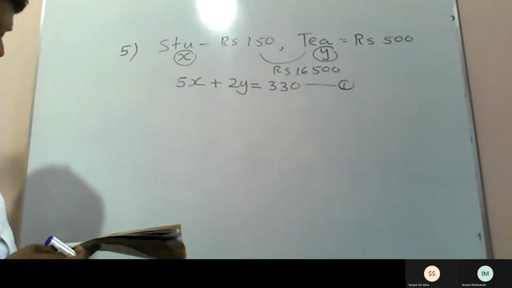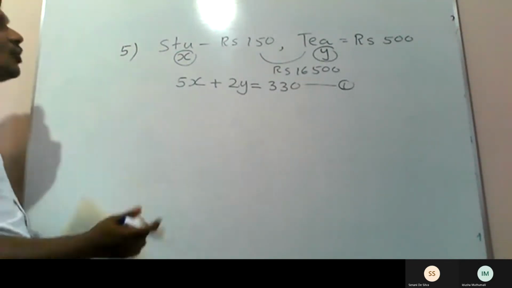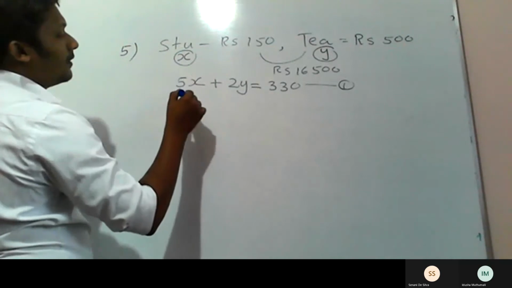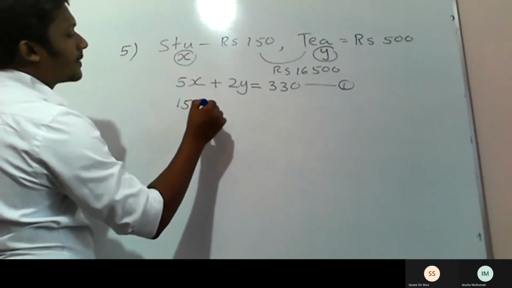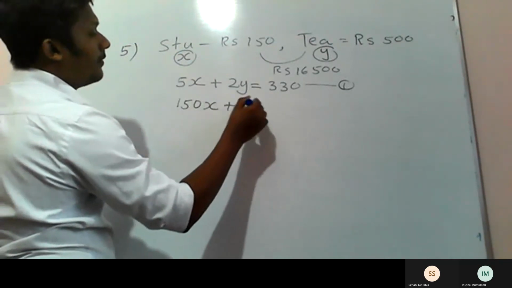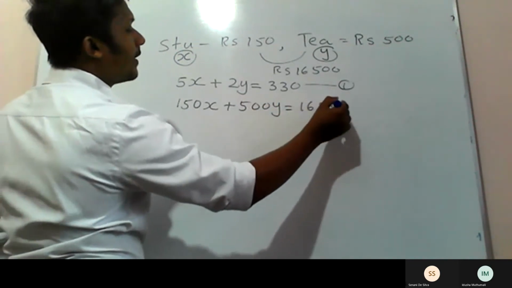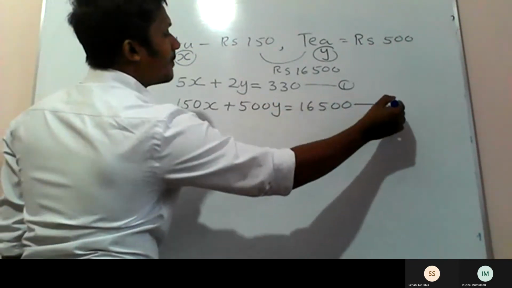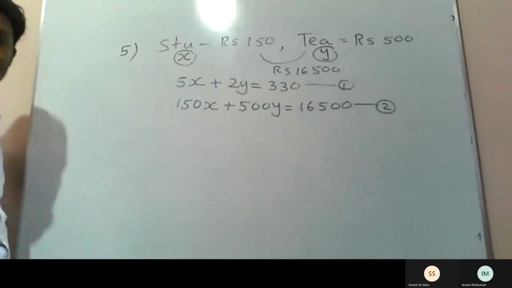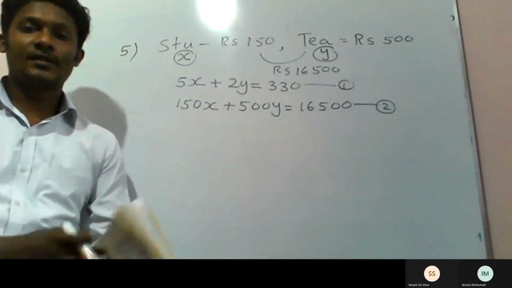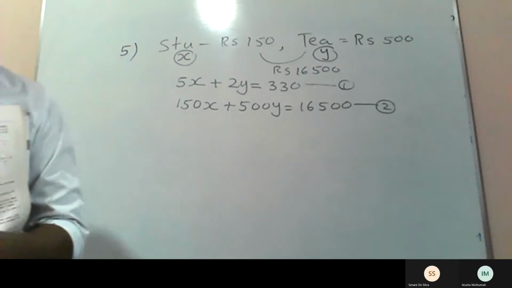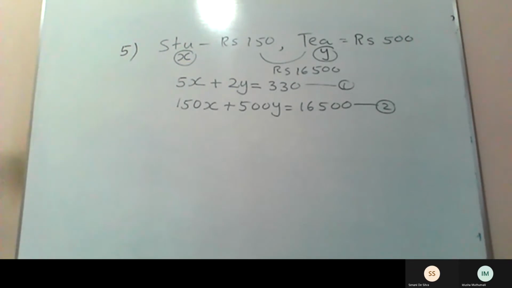Write equation number 1. And the total amount of money: 150x plus 500y equals 16,500. This is equation number 2. There are two equations now.